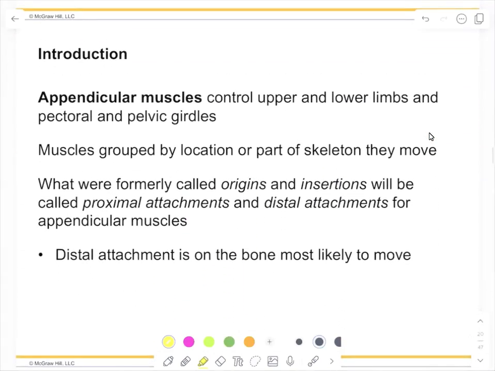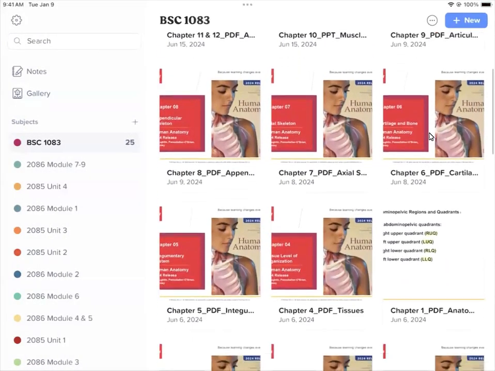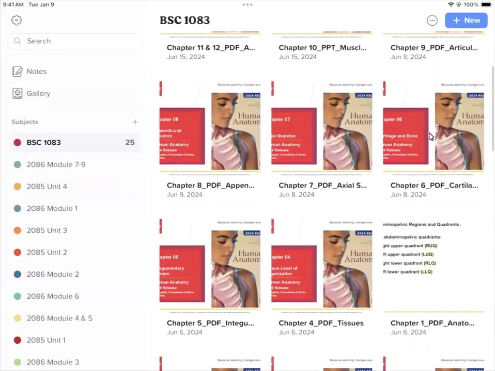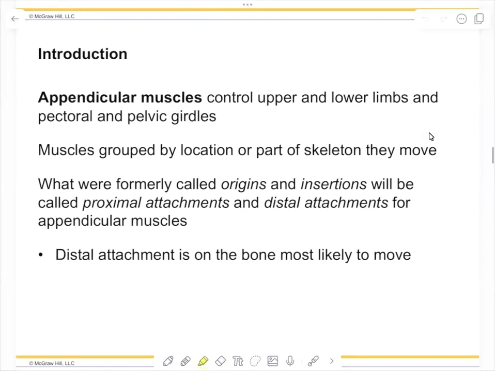So the next part of the PowerPoint is actually in chapter 12, which is appendicular muscles. Remember, these are the muscles that are going to control the upper limb as well as the rest of the body. So they control the upper limb and lower limbs and pectoral and pelvic girdles. And they're grouped by location, so where they're found on what specific part of the skeleton.